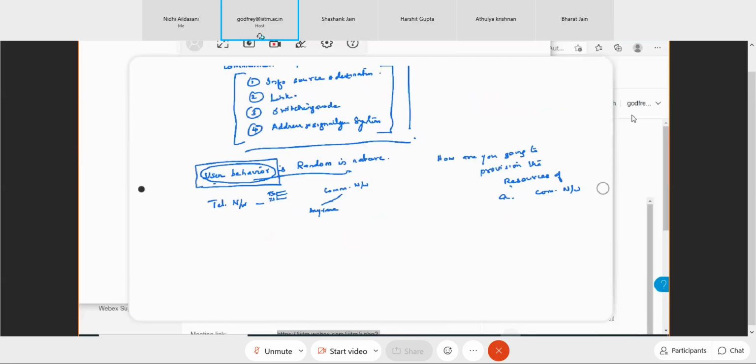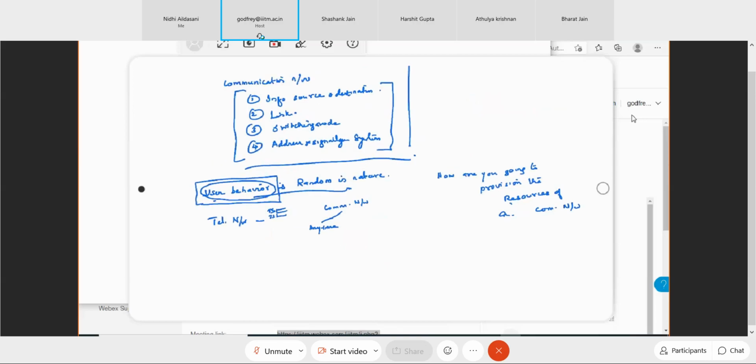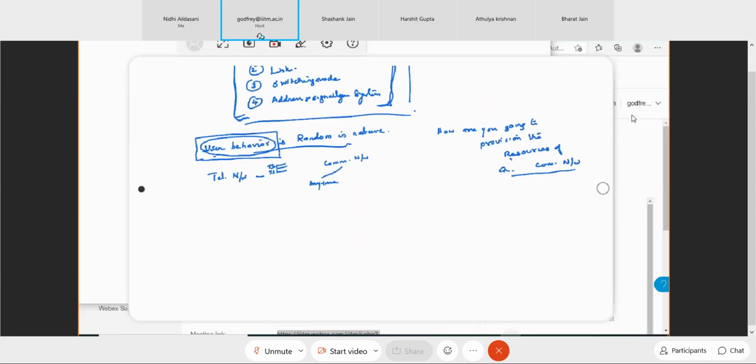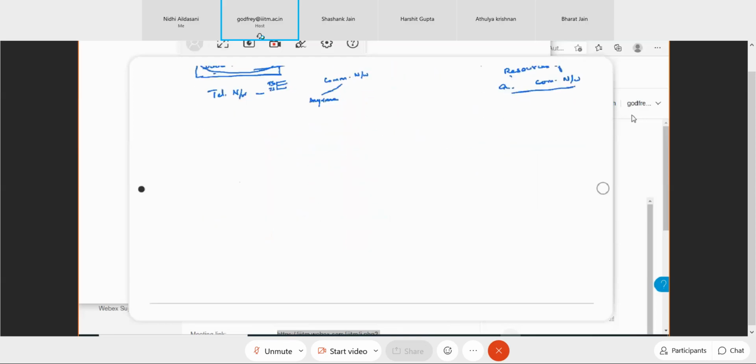Already we saw that a communication network consists of all these different aspects or entities, and now the question is, how are you going to provision the resources of a communication network when you do not know the nature of the user behavior?